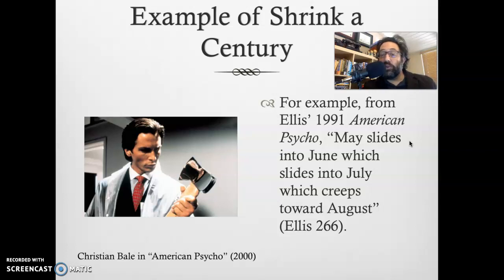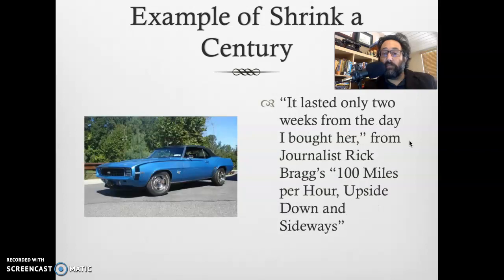And he literally, in the book, just skips those months. They were not important to the story as he was telling it, so he just skipped right past them. This one here, "It only lasted 2 weeks from the day I bought her." That was a real quick movement past those 2 weeks in this essay by award-winning journalist Rick Bragg.